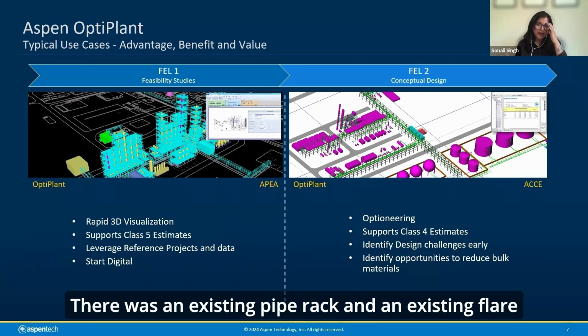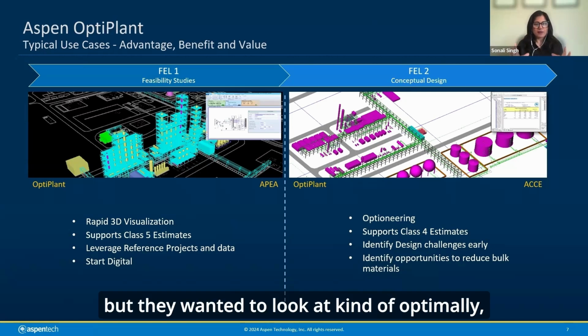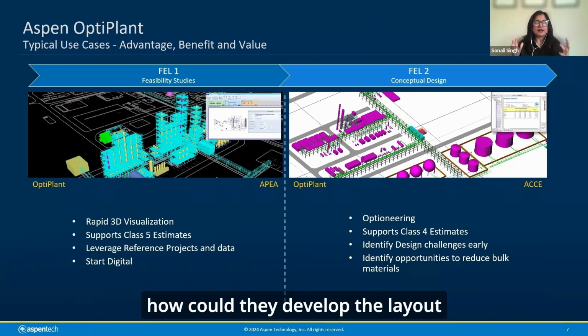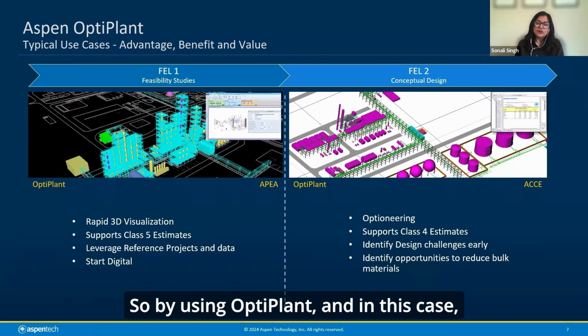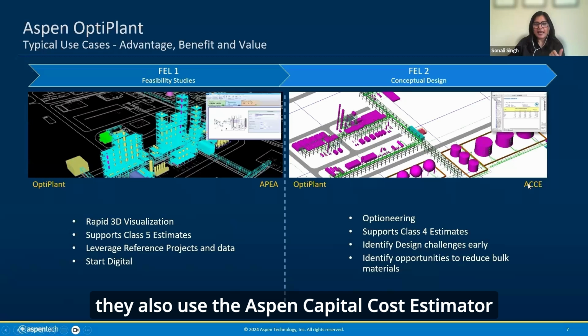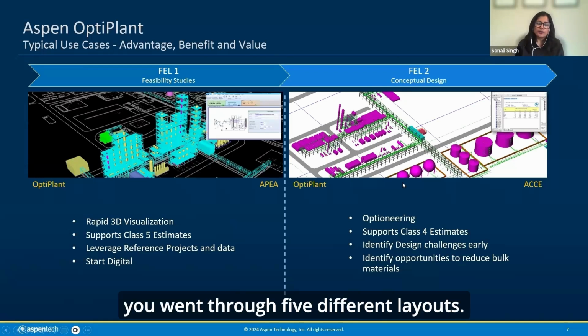There was an existing pipe rack and an existing flare that they had to leverage, but they wanted to look at optimally how they could develop the layout as well as support the cost estimate. So by using OptiPlant, and in this case they also used the Aspen Capital Cost Estimator for cost estimating, they went through 5 different layouts.